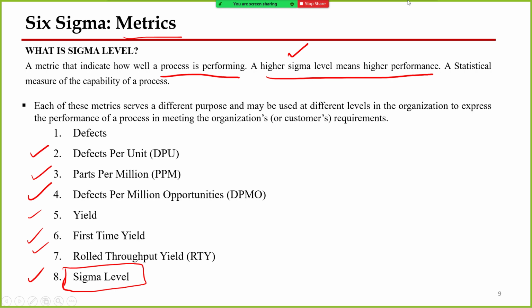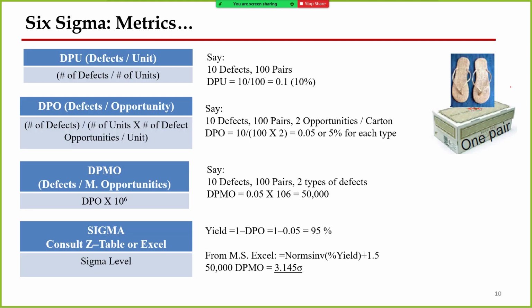When we say reducing the variation in the process, that means reducing the defects per unit, or reducing the defects per million opportunities. Now I am showing you some examples in order to quantify the sigma level, or performance level, of our process. So here I am giving the example.